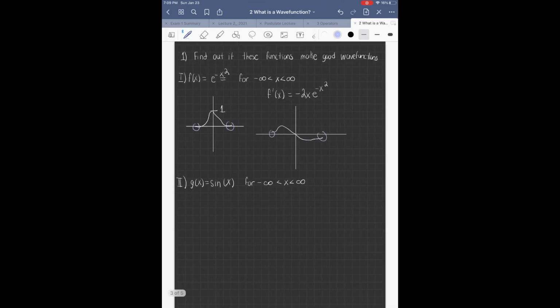If you were to square this, the probability will always be finite. This will look kind of the same, and the probability will always be finite here. All right, that'll be a good wave function. I'll just say yes for good wave function.